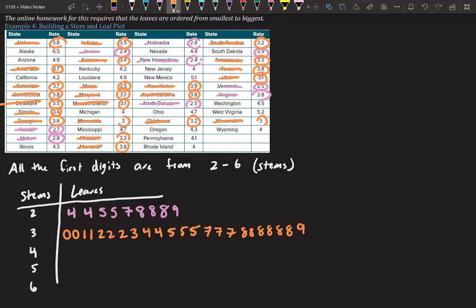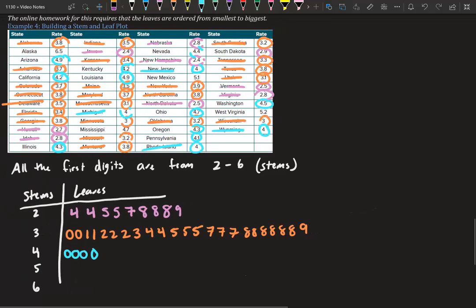Alright, now we move on to our 4s. So anything with the 4 in it. So let's start at 4. So we do have 4s. Remember, 4 or 3, that just means 4.0. So we have 4 just normal 4s. Alright, let's see if we have any 4.1s. We do.